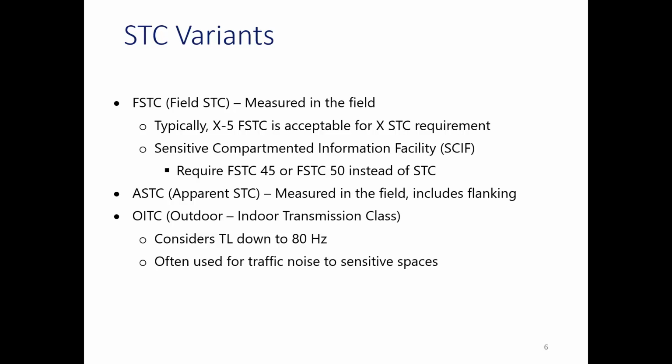And usually in the past you would say that FSTC is at least the ASTC, because you'd want to get an ASTC that met the FSTC requirement, and you could say that the FSTC is going to be at least as good as the ASTC, because the ASTC includes flanking and the FSTC wouldn't.